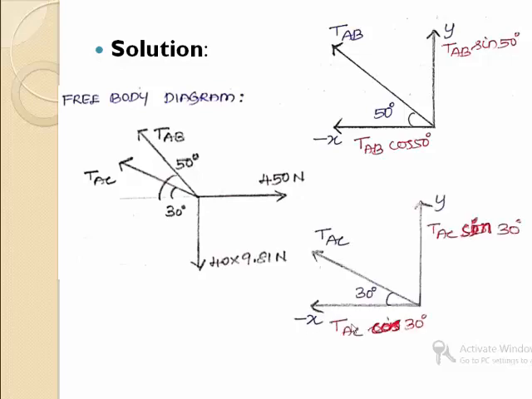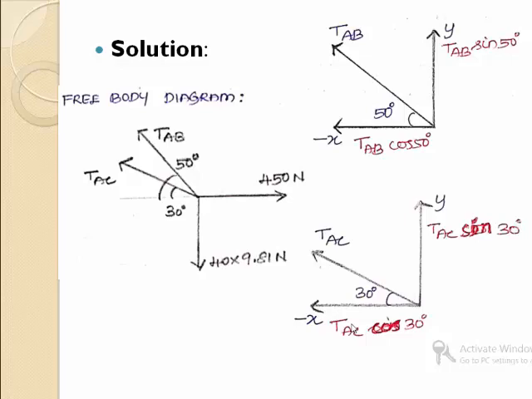The tension acting in AC can be converted into two force components: along the negative x-axis with magnitude TAC cos 30, and its vertical component acting along the positive y-axis with magnitude TAC sin 30.